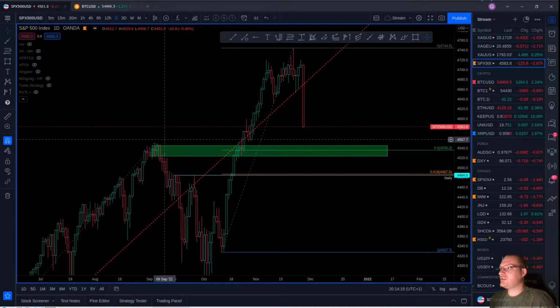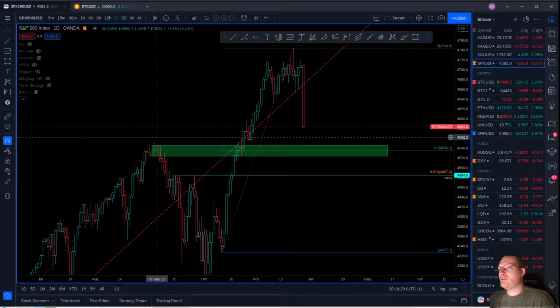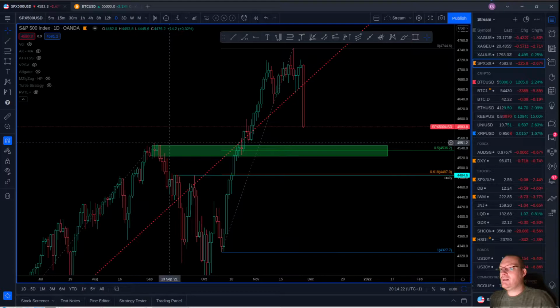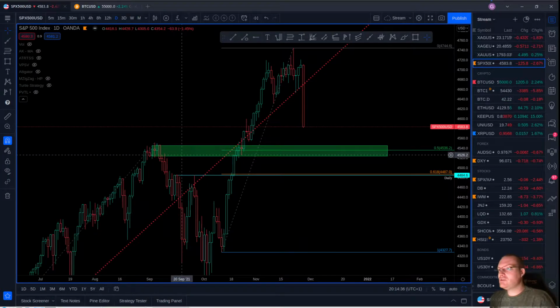I've marked it out in green here. Or you can just draw one line on the height of this candle on the 3rd of September and expect that one to turn into support. But I think it will be rather into the green zone.